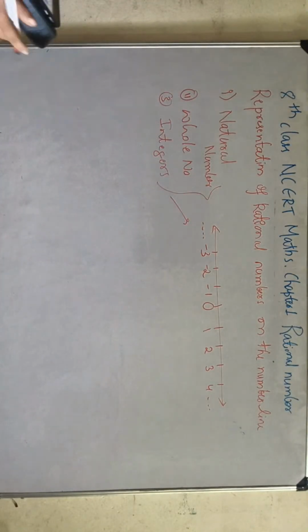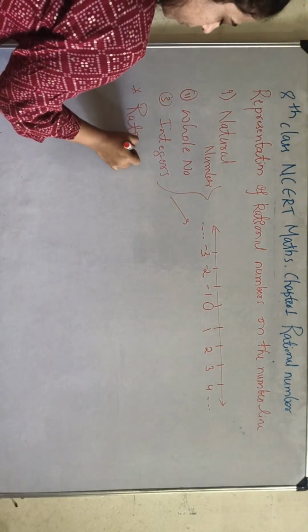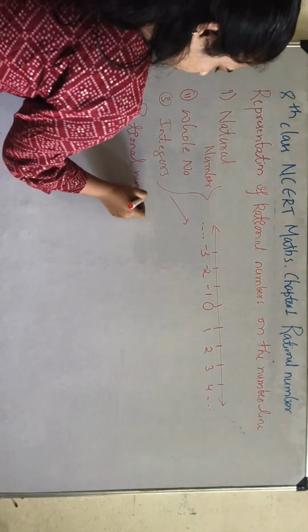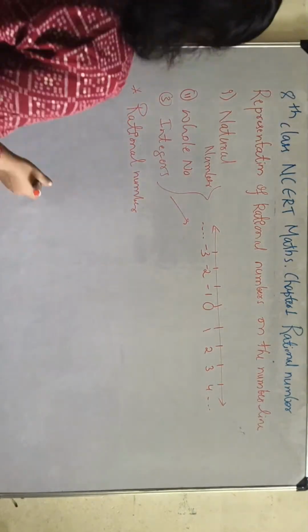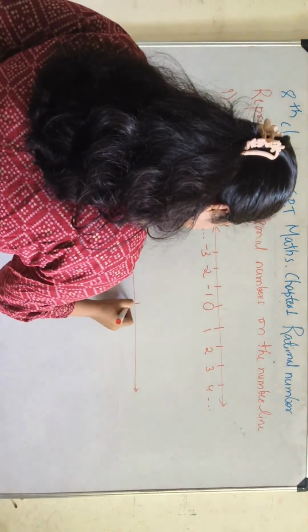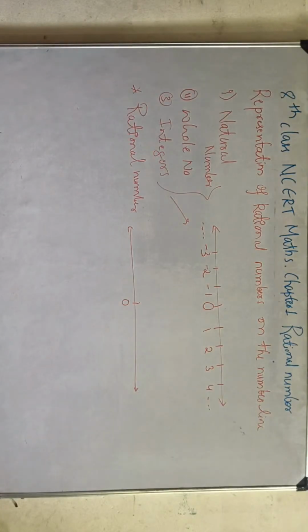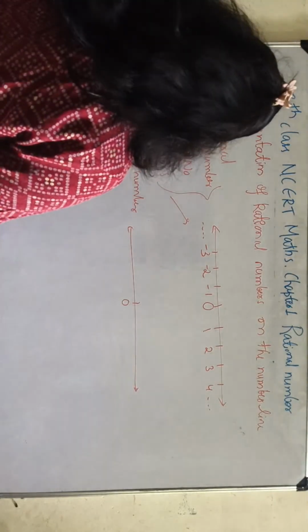Now we will represent the rational numbers which are in the P by Q form on the number line. How will we represent? See, this is very easy. Okay.